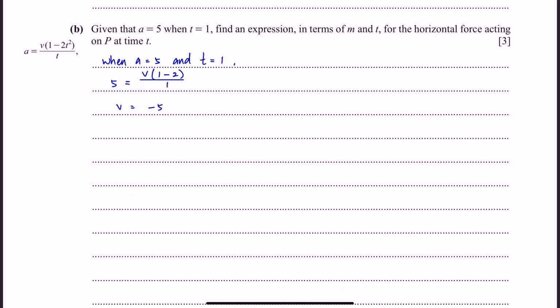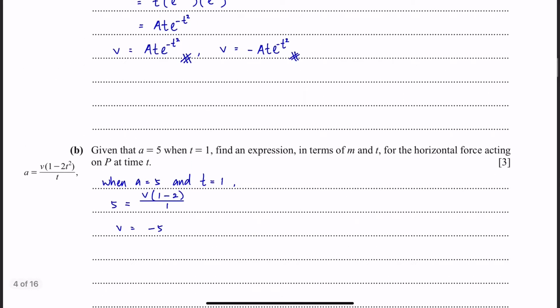And we know that v is a negative value, so we would need to use the second equation. How do I know that I need to use the second equation? See, in the first equation, all these values should be a positive number.